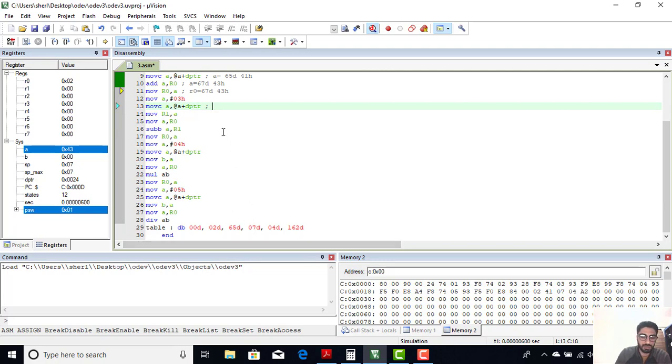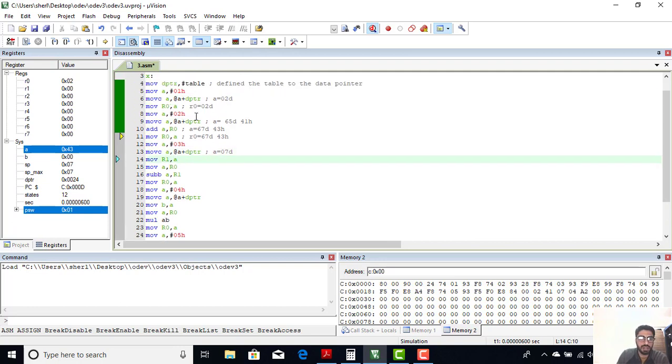So A is going to be equal to 07, decimal, which is the same as hex. Now we are giving the value of the accumulator to R1. So R1 in this case is equal to 07 decimal.